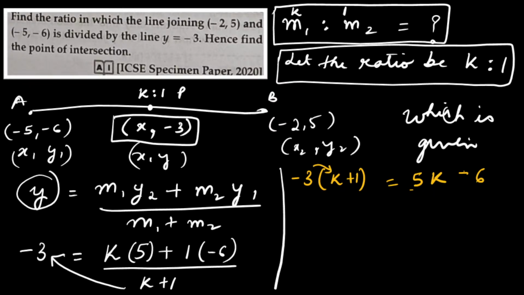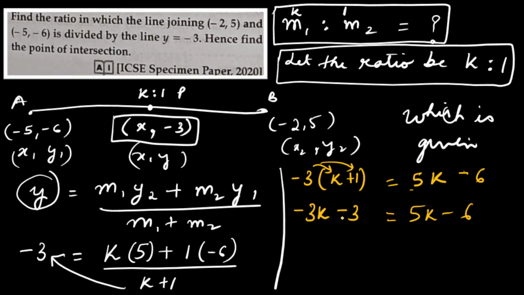Now this -3 you have to multiply with both terms. Some students multiply only with k. No, we have to multiply it with both. So -3 into k is -3k, and -3 into 1 is -3. Whenever a minus is outside the bracket, you have to change the inner signs. So just remember this: 5k minus 6.